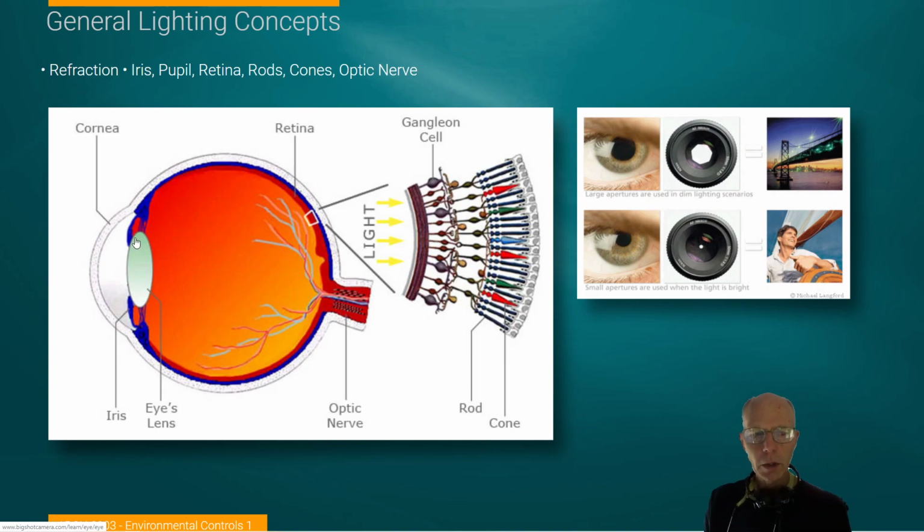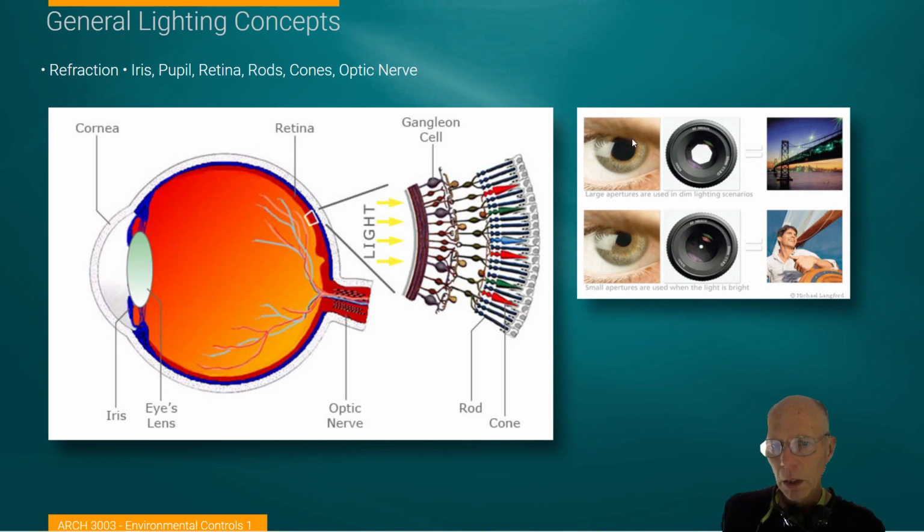And we also have the ability to create an aperture of our eye with the iris to control the amount of light entering our eye, just as happens with a camera lens. And one of the interesting things that happens as the aperture gets smaller is the concept of depth of field.